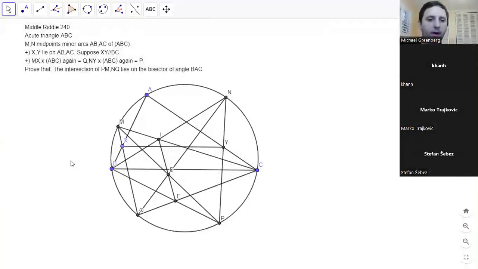So yeah, if we really wanted, we could hide MP, NQ, and point D. So let's see, we could try the angle bisector theorem. We could also try to show it passes through the midpoint of arc BC. That's equivalent.